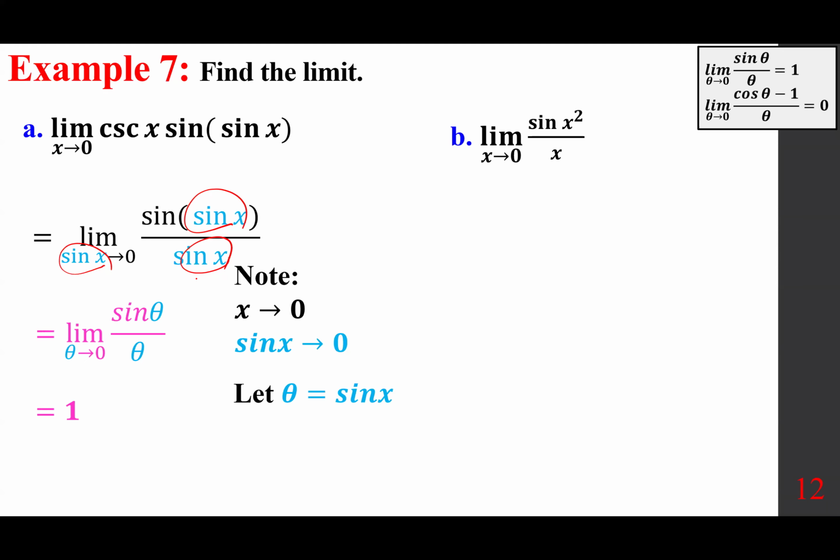What about this one? Again, we notice we can play with this and make it look like what we know already. So this you can't change because it's the argument of sine, as we couldn't change this one. So we can see that this is not the same. It's supposed to be x squared. So make it into x squared. How? Multiply the bottom by x, but you can't just multiply the bottom. You have to multiply the top by x also.